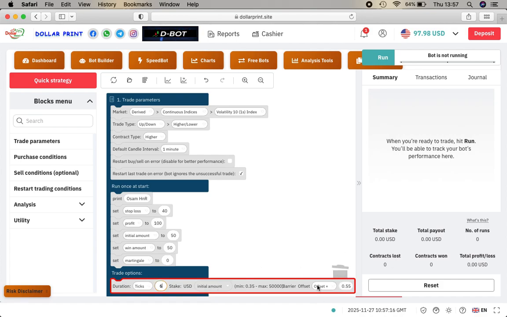So this is the area where many people don't know about the offset. If you want to trade on higher, you can use a positive offset, but use 0.01 as the barrier.